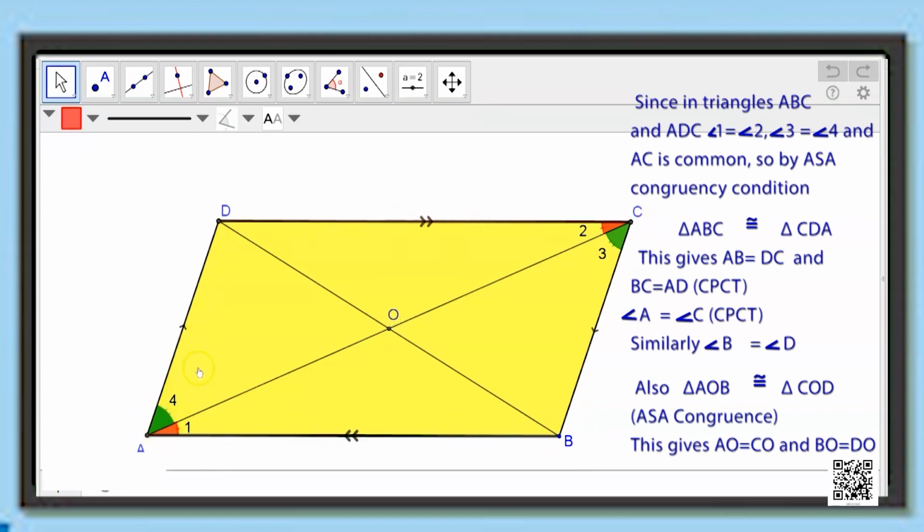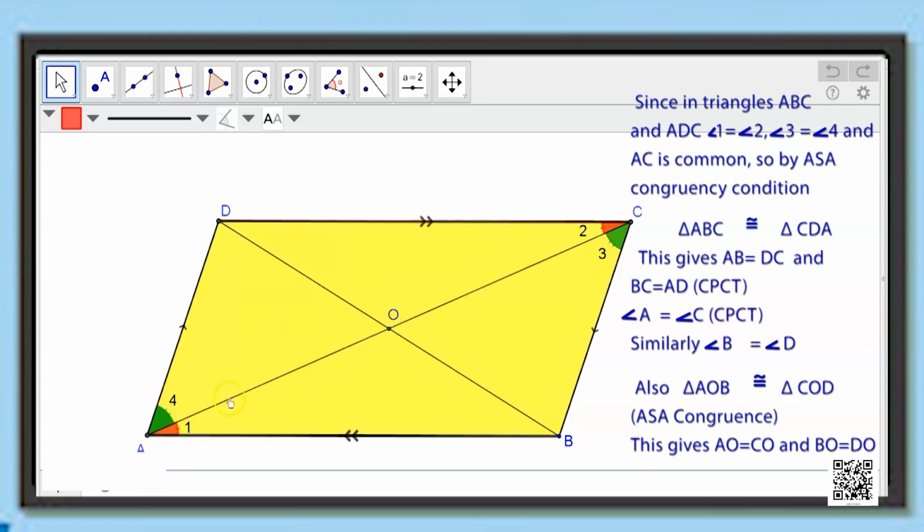Now, if the two triangles are congruent, then angle D, which is in the second triangle, will become equal to angle B, which is in the first triangle, using the CPCT. That is, the congruent part of two congruent triangles will always be congruent. So I can say D will become equal to B. Similarly, I can also show angle C will become equal to angle A.